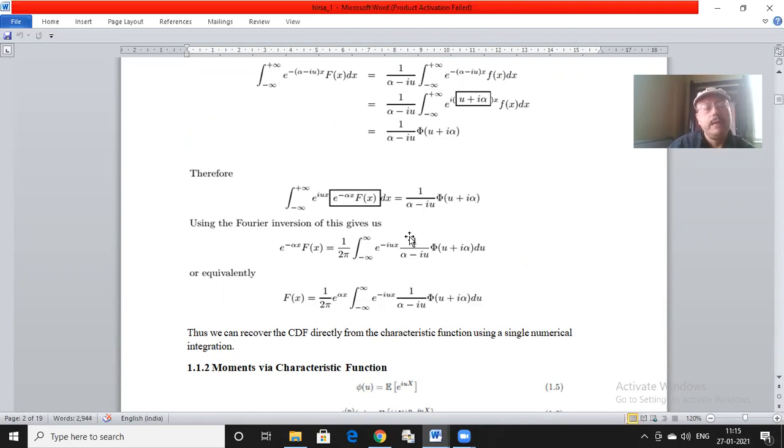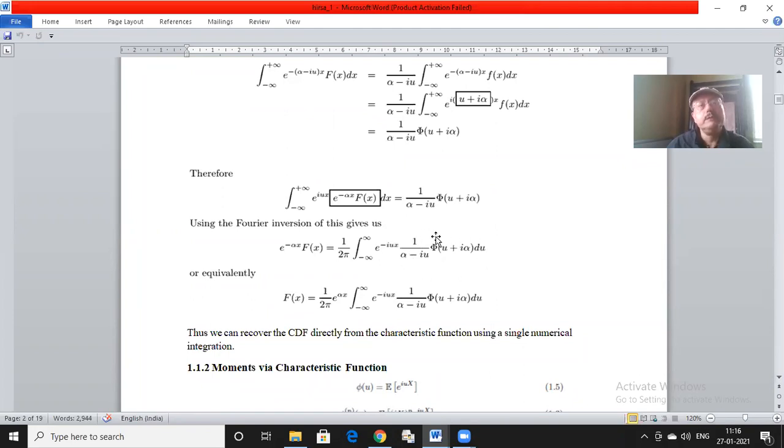So if I apply the inverse Fourier transform on the right hand side here, I should be recovering e to the power minus alpha x fx, whatever is inside this box here. So my recovery formula for e to the power minus alpha x fx should be 1 by 2 pi integral e to the power minus iux, as in the inverse Fourier, and whatever was on the right hand side.